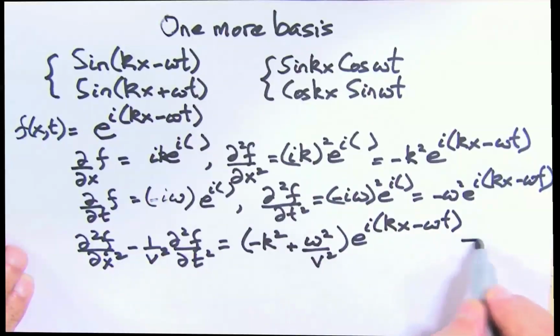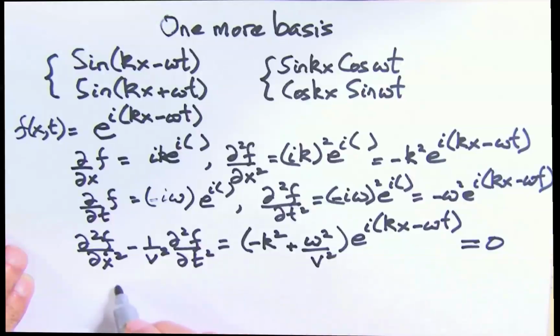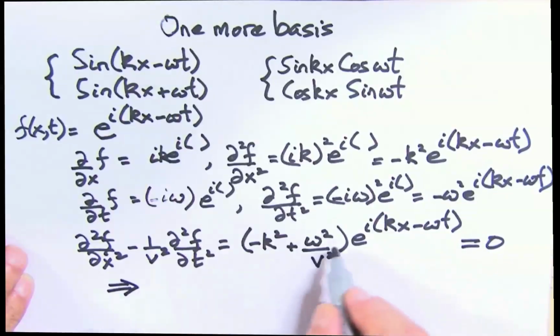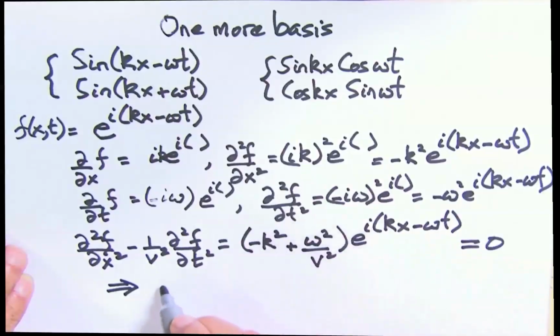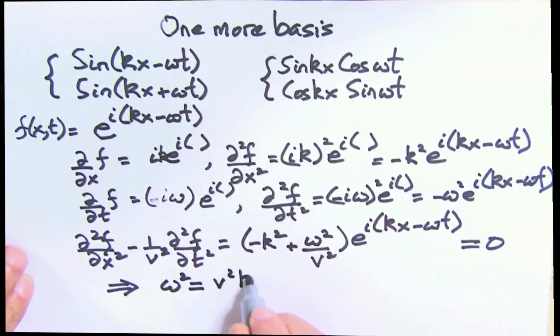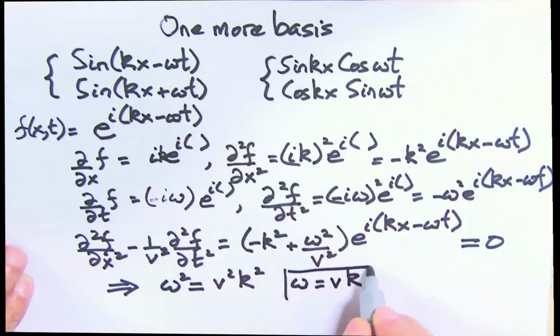Now, this has to equal 0, which is only possible if this factor over here is 0, which means that I must have omega squared is v squared k squared. And that's exactly what we had before. You remember that omega is equal to vk from our earlier discussion.